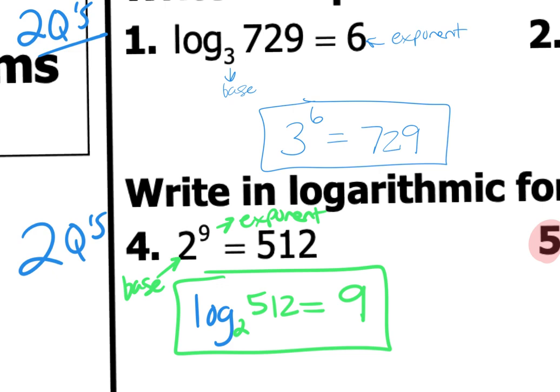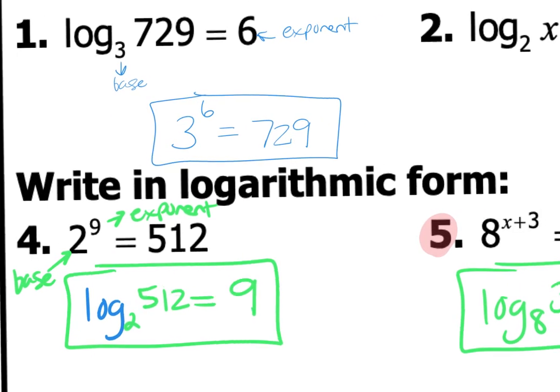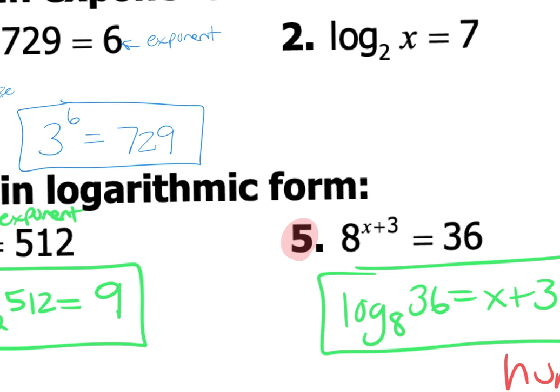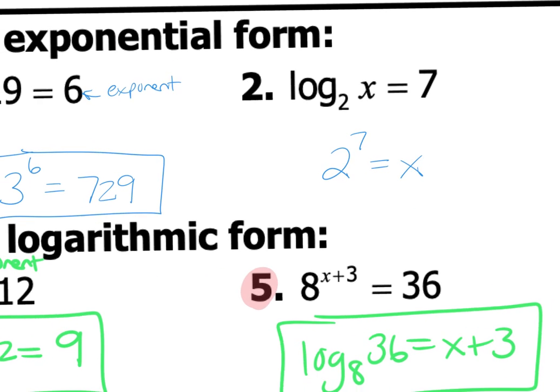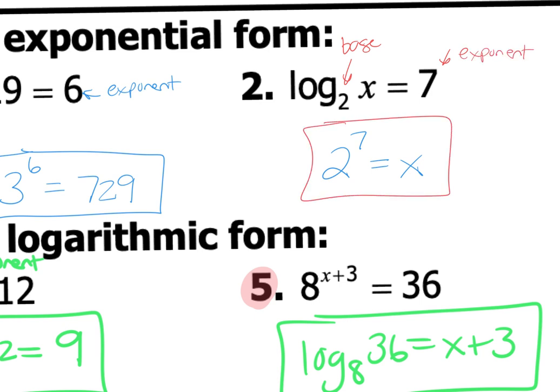Okay. All right, let's look at number 2. My base is 2. I'm going to start with that. My exponent is 7. That equals x. You know, if it helps you to write stuff in, like this is your base, that is your exponent, then you can do it. That whole thing is the answer.